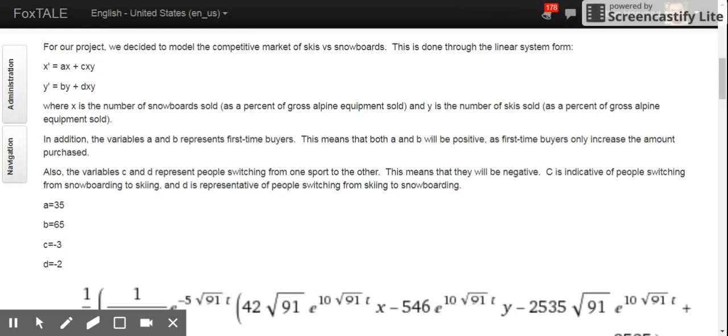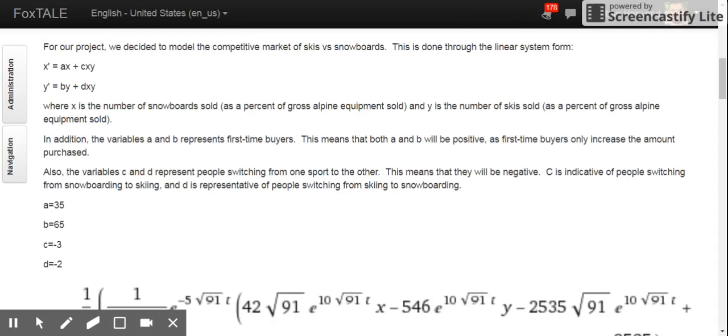A and B represent first-time buyers of snowboards and skis, respectively, which means that they're going to be positive because they only contribute to positive growth. C and D are people switching from one snow sport to the other, so they will both be negative.